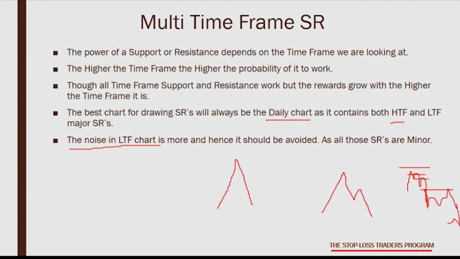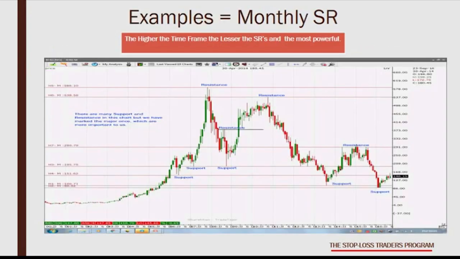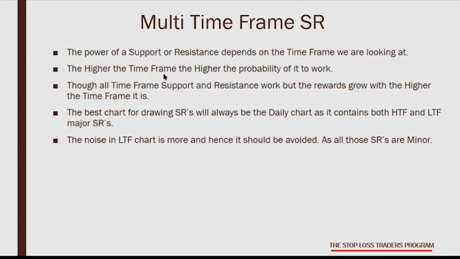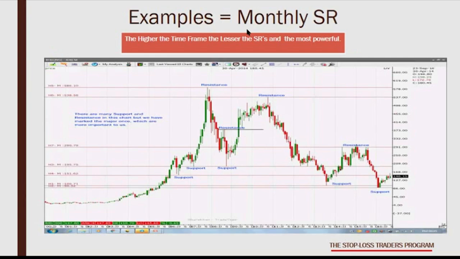But the rewards, they give lower reward than the higher time frames, right? What I mean is, if you have opened a 60 minute chart, a 1 hourly chart, and you have taken a trade on an SR, you may get a reward of, say, 2 rupees.